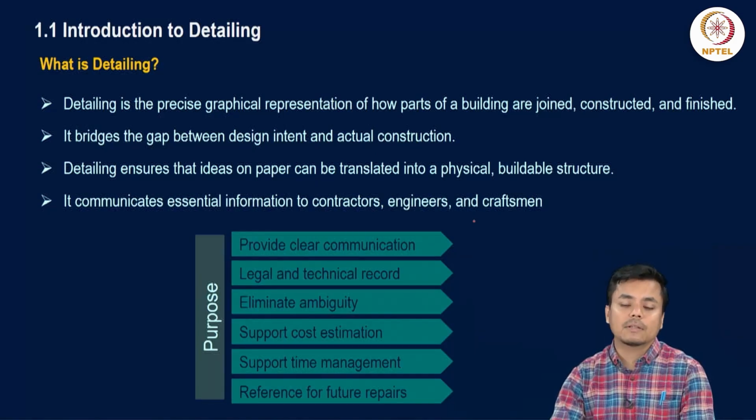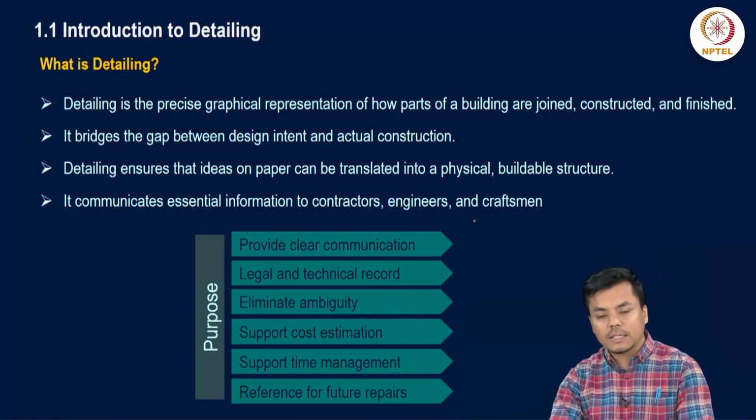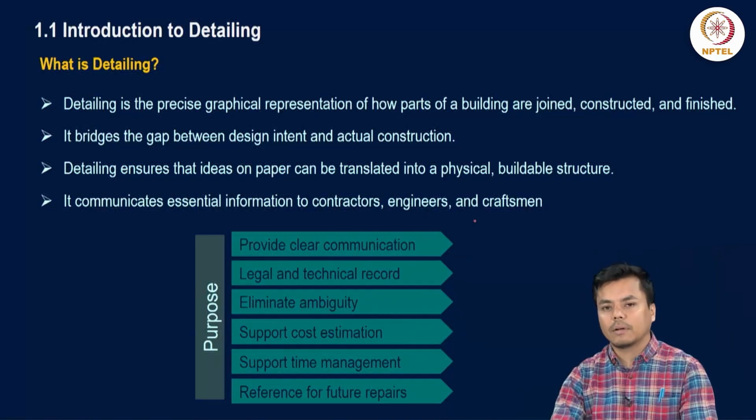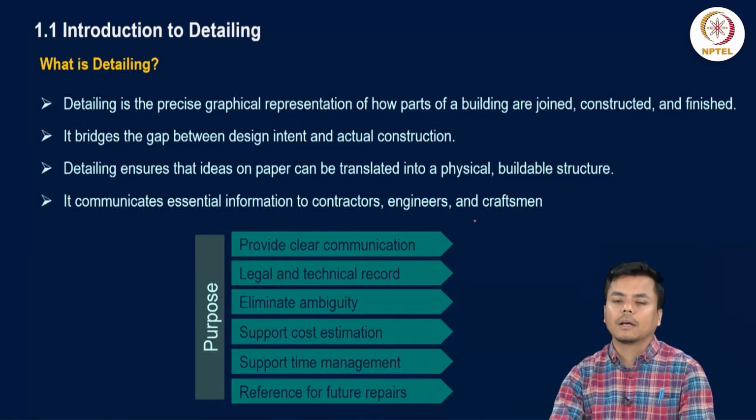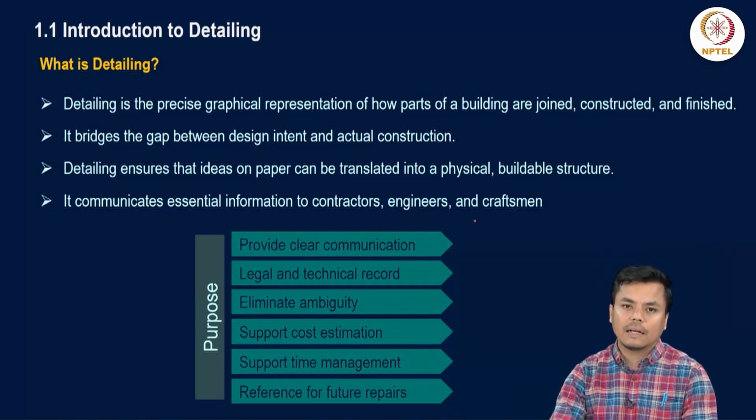So the purpose here is to provide clear communication, that is all the details of the respective structural member or any other building component are clearly communicated. The dimension, the material that is being used, all this is clearly explained through the detailed drawing.